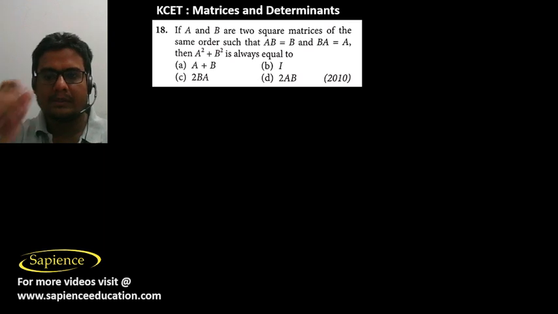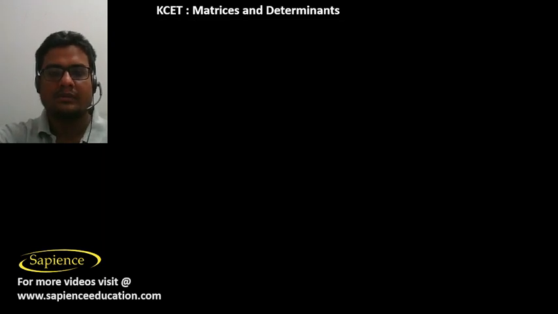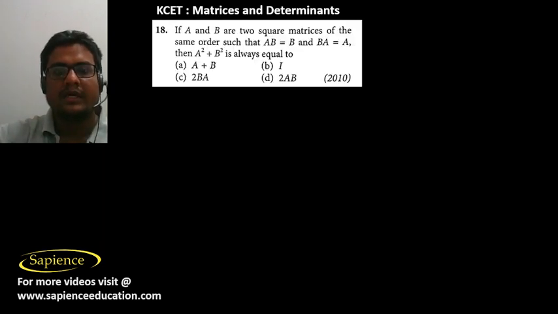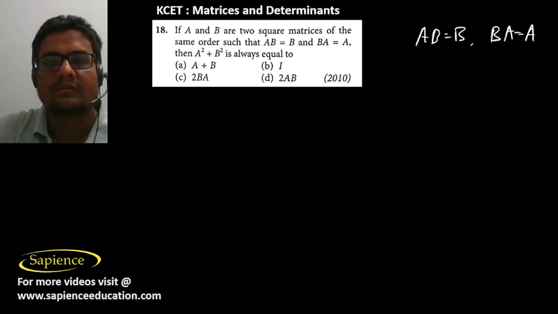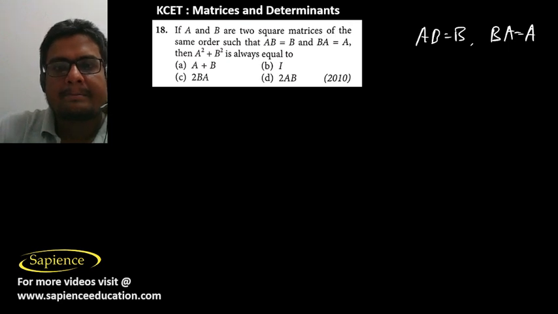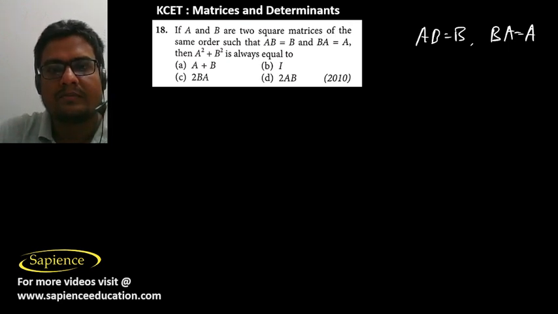Then in question number 18, it is told if A and B are two square matrices of the same order, such that AB equals B and BA equals A, then A square plus B square is always equal to. So now A square plus B square.